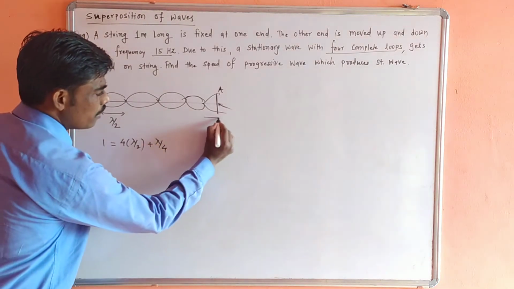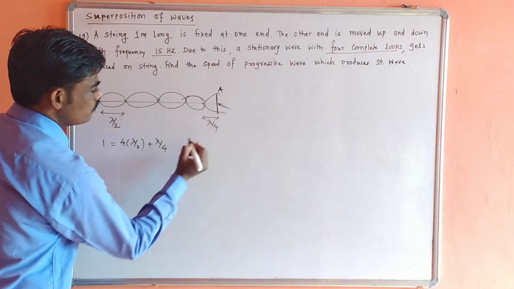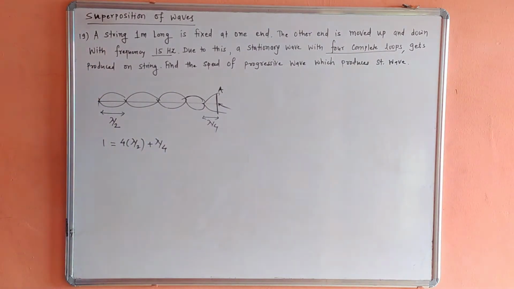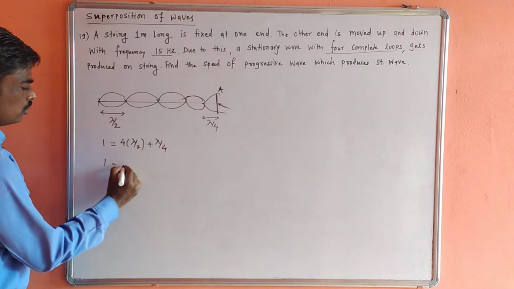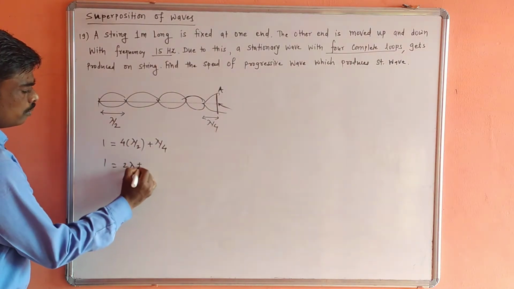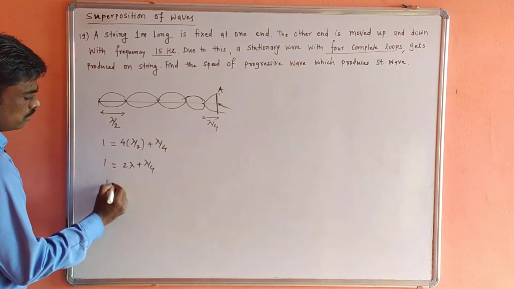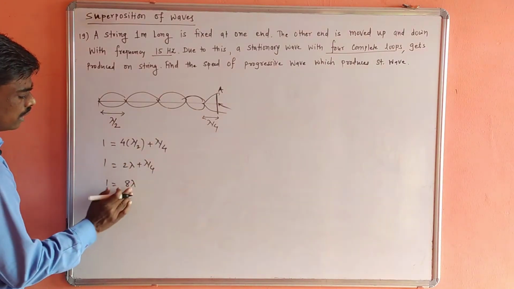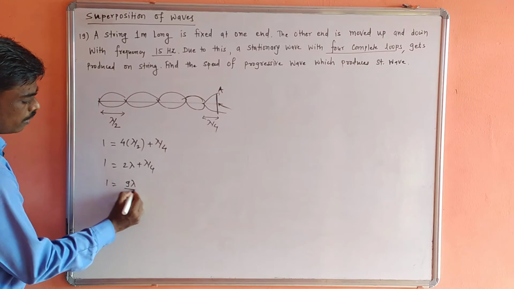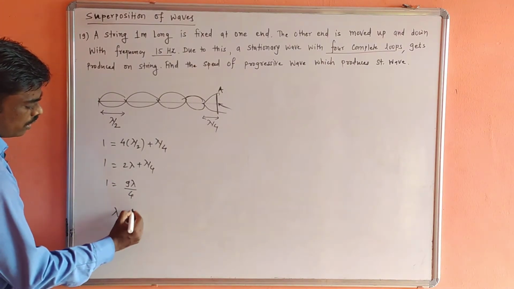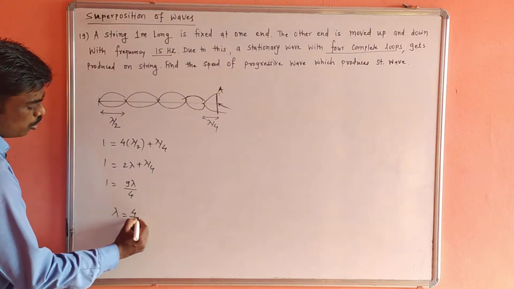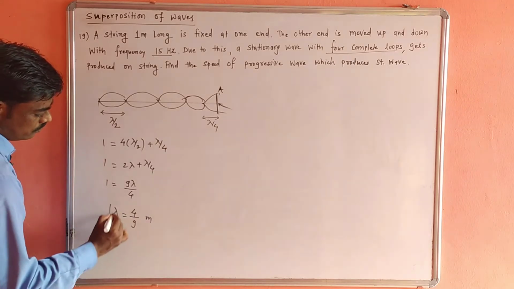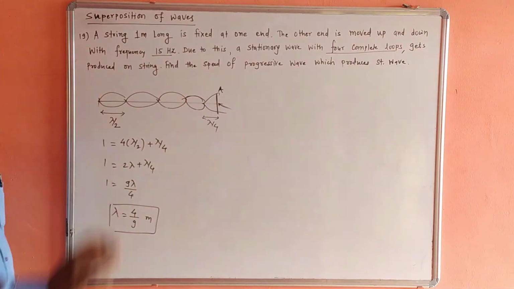This distance is lambda by 4. So we can solve it: 2 lambda plus lambda by 4 becomes 8 lambda plus lambda by 4, that is 9 lambda by 4. So lambda is equal to 4 by 9 meter. We get the wavelength according to the condition of the problem.